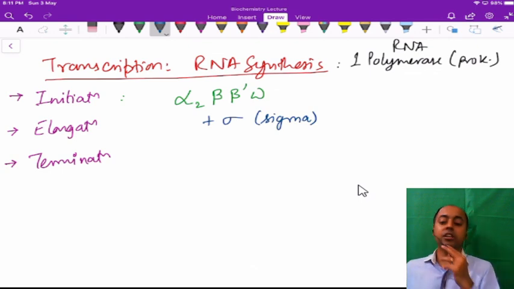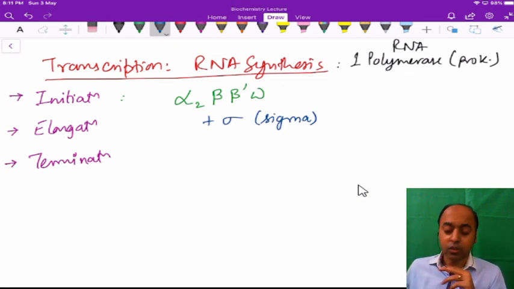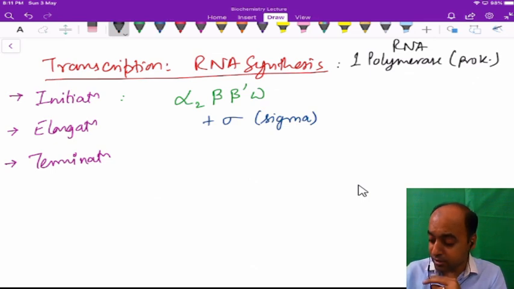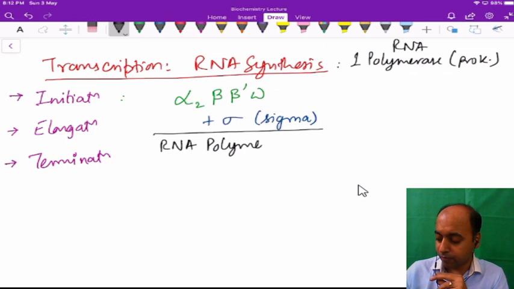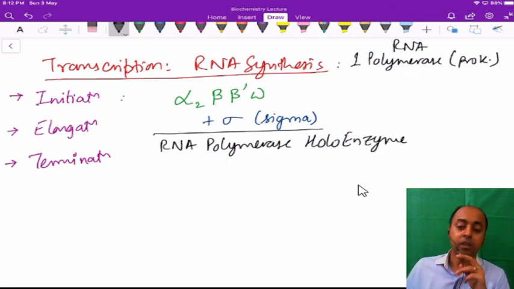Without the sigma subunit, it is unable to identify the location from where the transcription must start. Until the sigma subunit is there, we don't get what we had previously said as the holoenzyme. When the sigma subunit is there, we get the RNA polymerase holoenzyme, meaning the finally fully functional enzyme. The RNA polymerase holoenzyme is formed.